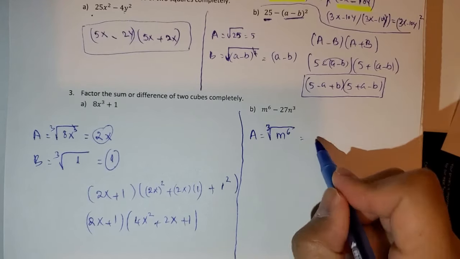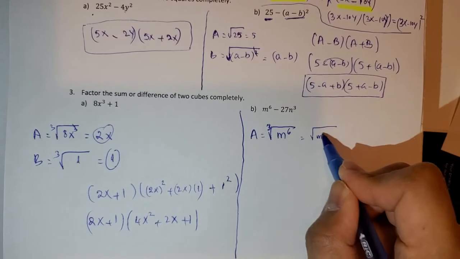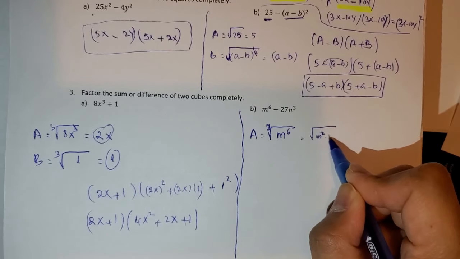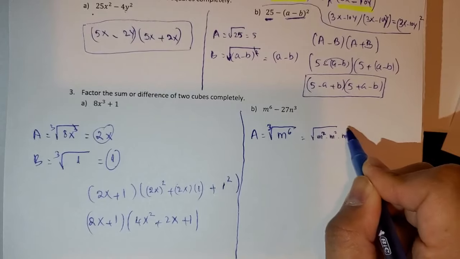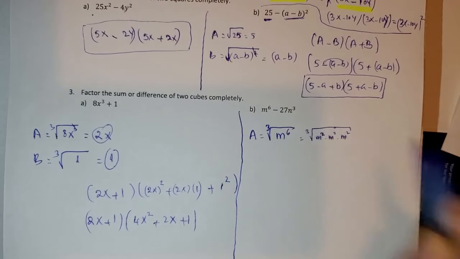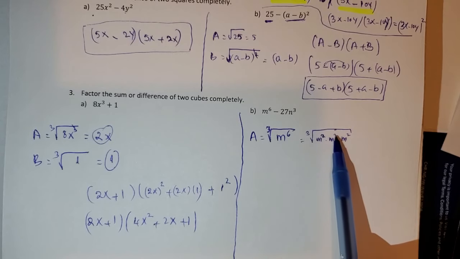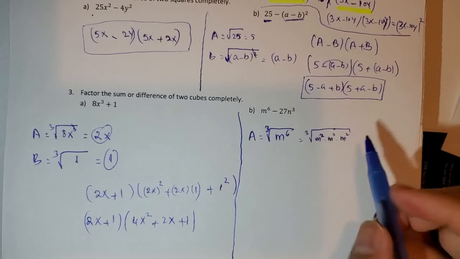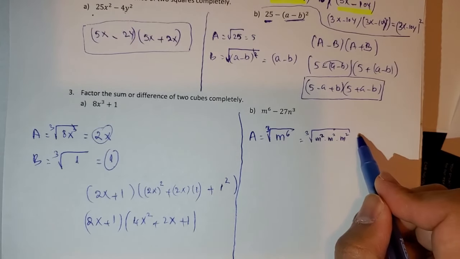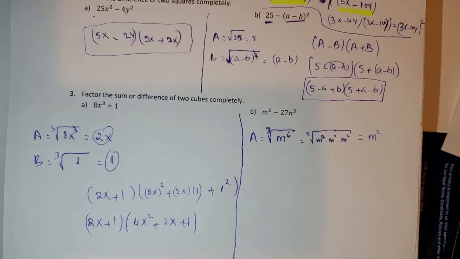That is the same thing as m squared, m squared, and m squared, 3 times. But remember, when you multiply them, you add exponents, right? 2 plus 2 is 4, 4 plus 2 is 6. So the cube root of m to the 6 here is m squared.